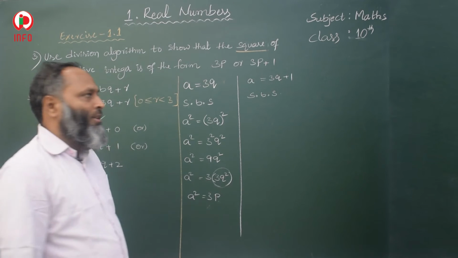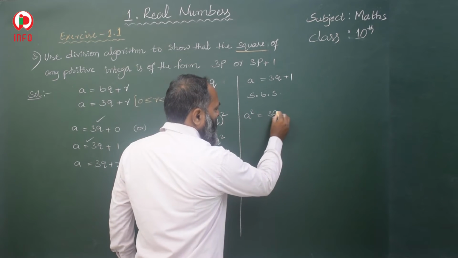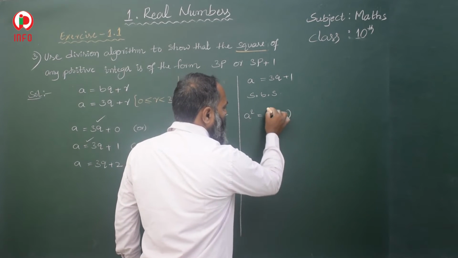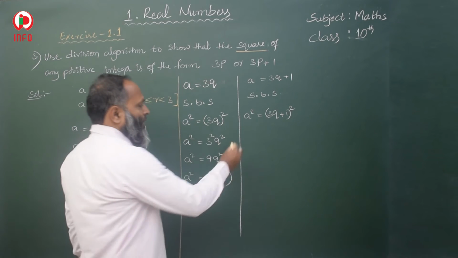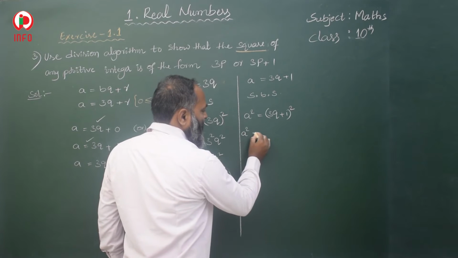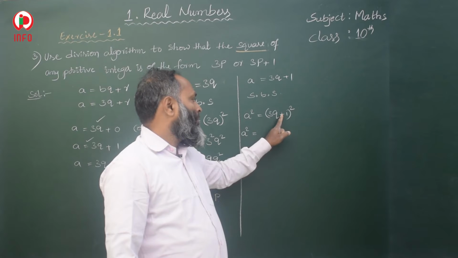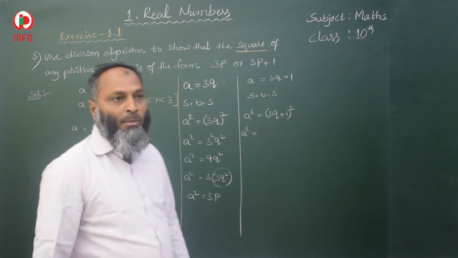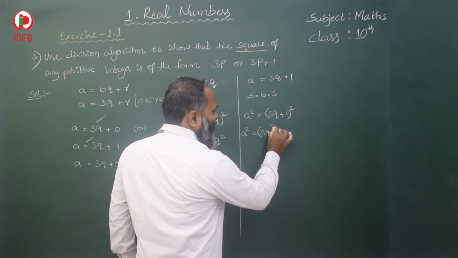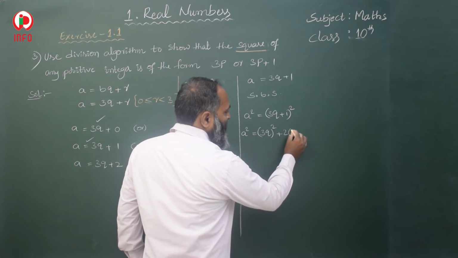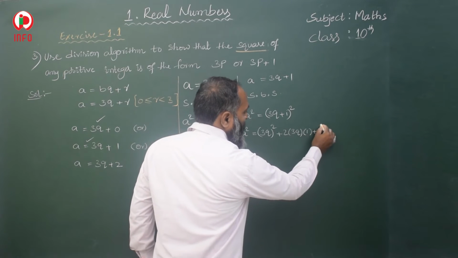If you square on both sides, then a square is equal to 3q plus 1 whole square. It is in the form of a plus b whole square formula: a square plus 2ab plus b square, where a is 3q, b is 1.